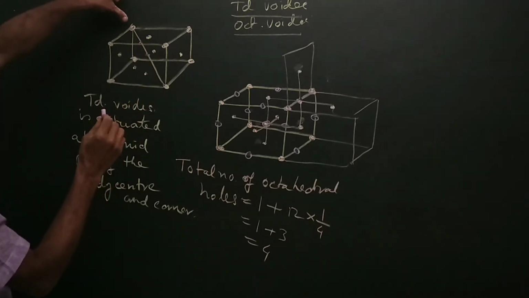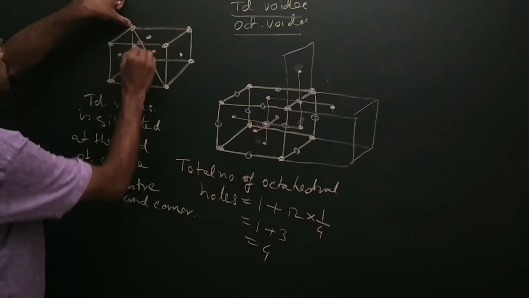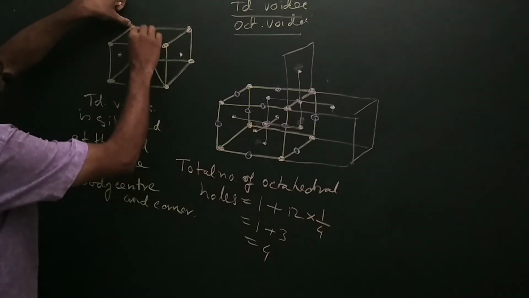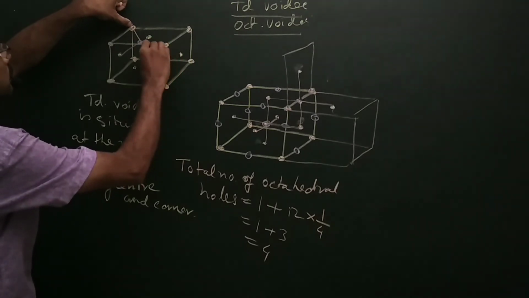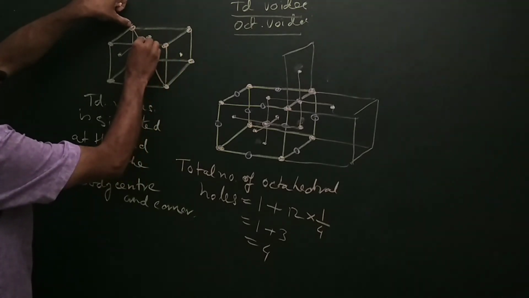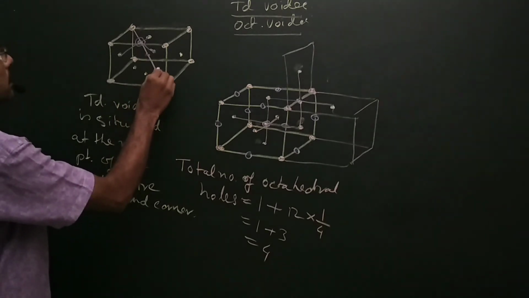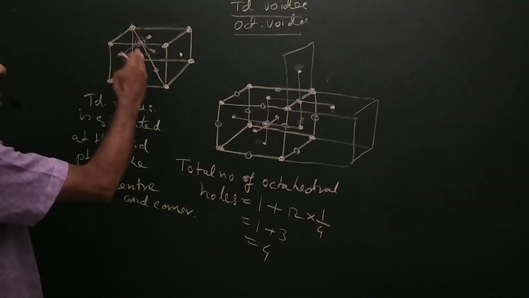Now taking this point as reference, we will try to follow the common points. Which are the common points? You see, one is this, another is this, another is this one, and another is this one. So this is a tetrahedral void. Each body diagonal possesses 2 tetrahedral voids.